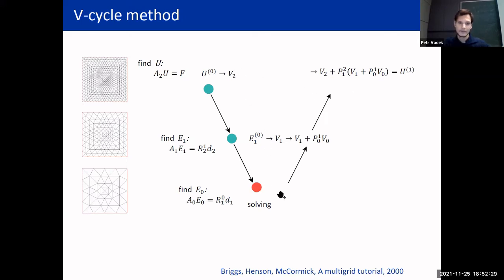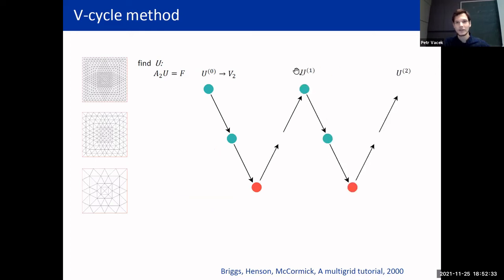So this was one iteration of the V-cycle method, and usually we apply a series of iterations. Sometimes the smoothing is also used after the correction, and it has an effect that the operator which corresponds to the application of the V-cycle is symmetric.